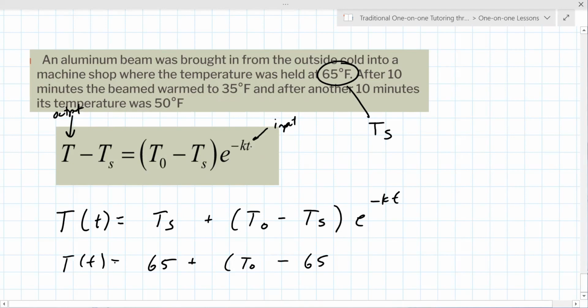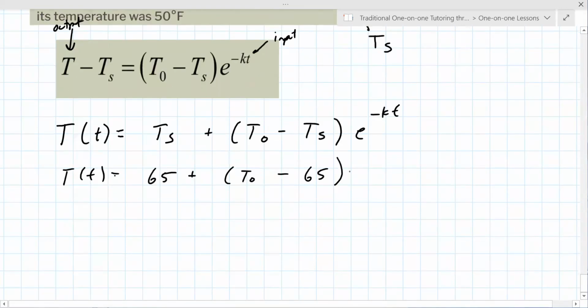It's only a function of time. All these other things are constants. I moved the TS over and left it in this form. Okay, so now e to the minus kt. We're still not in great shape. We've got two unknowns.